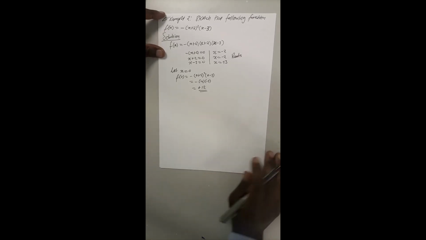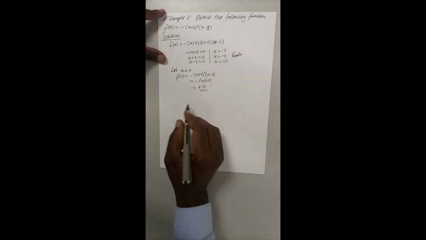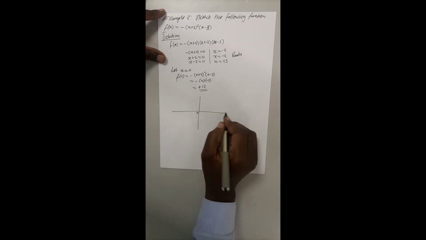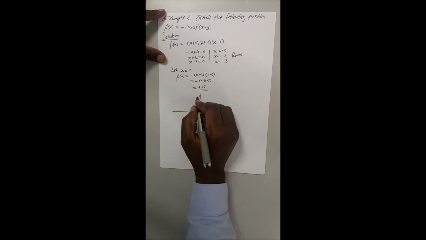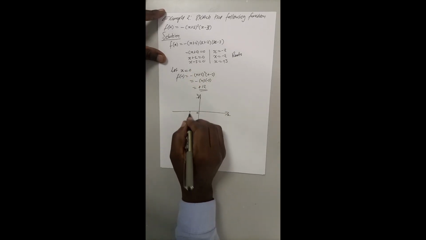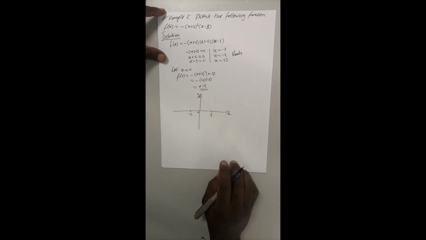The next thing now is to determine the actual graph. So when you write your xy plane here, how is your graph looking? We have the coordinates, it's passing through -2 and +3.